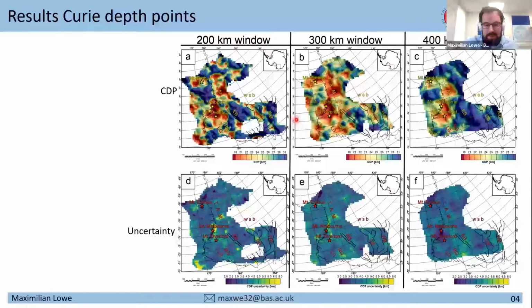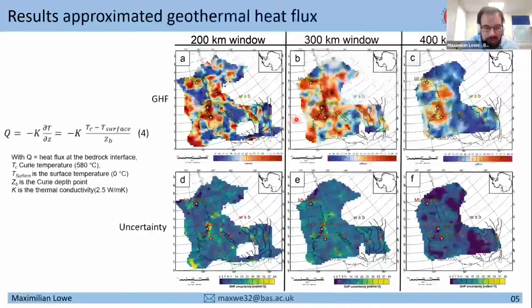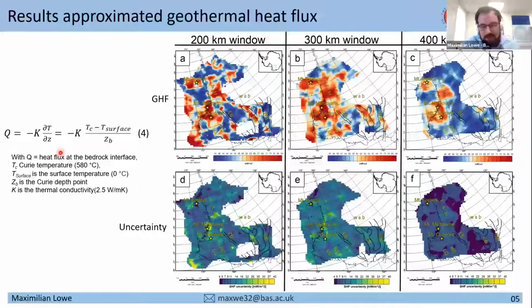So from the Curie interface now, we can forward calculate geothermal heat flux using a constant thermal conductivity for the crust. That's basically a linear transformation of the Curie depth to geothermal heat flux, with already strong assumptions that we have a homogeneous crust.